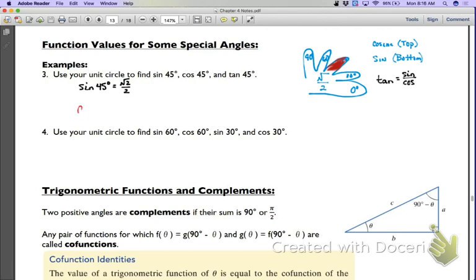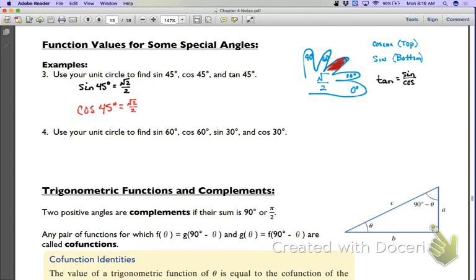Same way with cosine of 45 degrees. It's the numbers that are left, so if it's bent at the middle finger, how many fingers do I have above the bend?